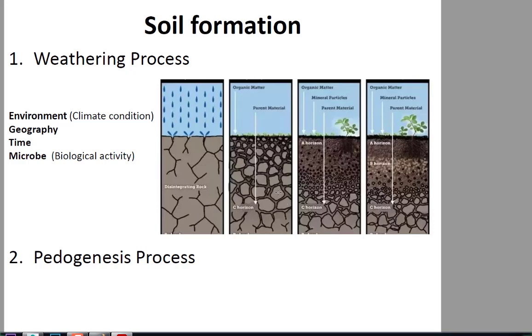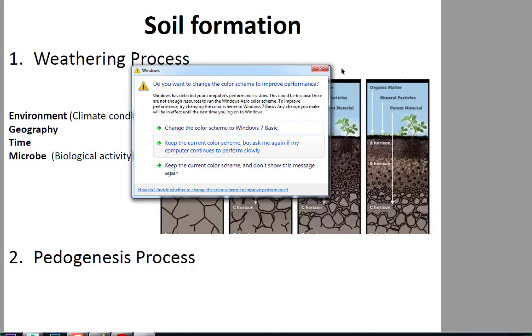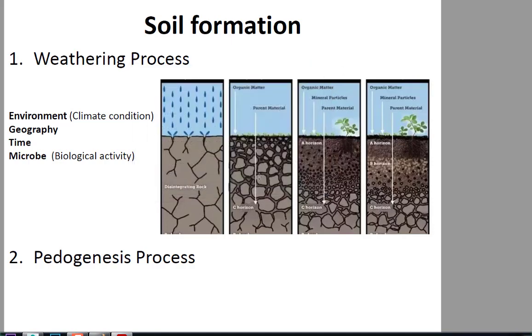In this picture you can see some natural conditions. First, this one is a rock, and the climatic conditions have started the weathering. Now these huge rocks are converting into different small particles.